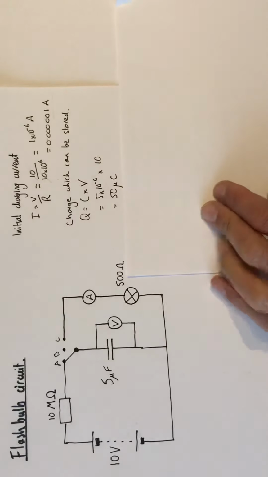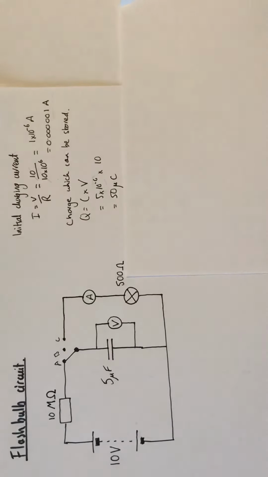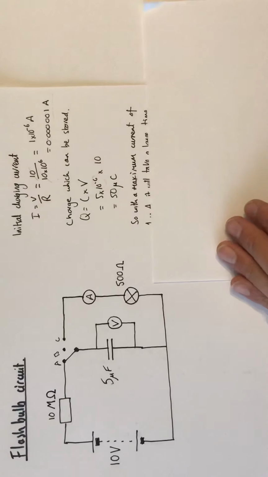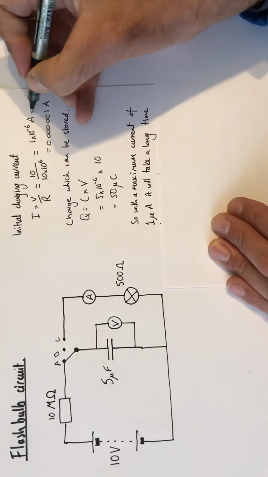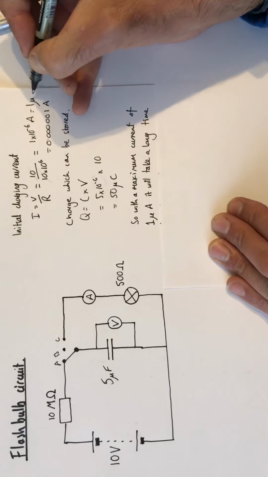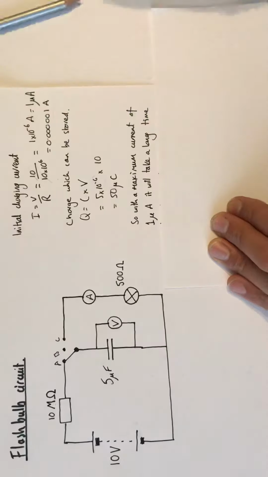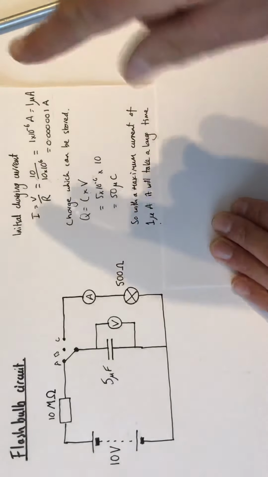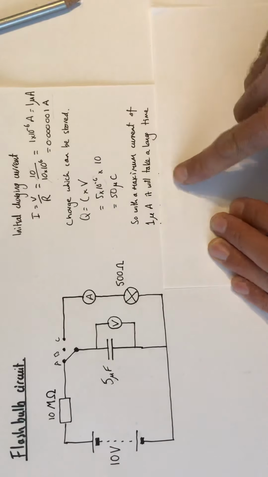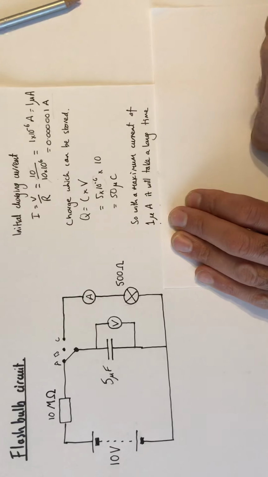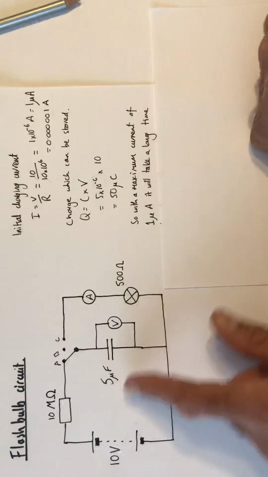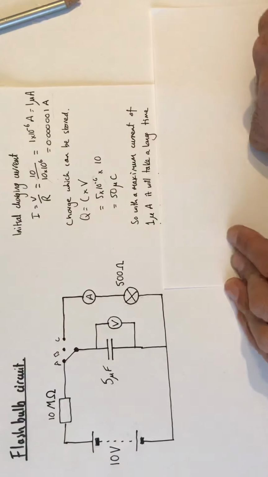So with a maximum charging current of 1 microamp, it's going to take a long time to charge up to 50 microcoulombs. So this charging side of the circuit is going to take ages to charge.